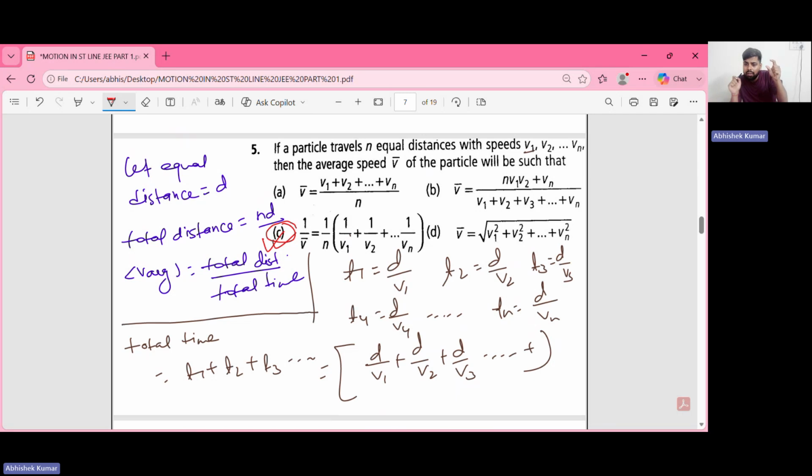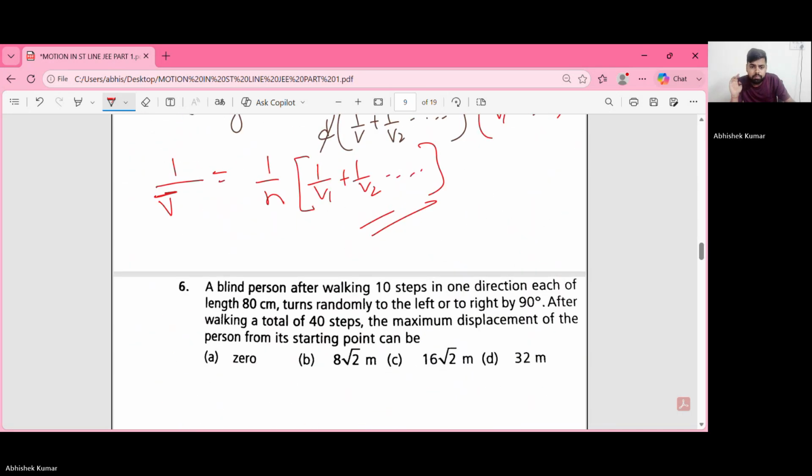The first part d by V1, second part d by V2, third part d by V3, like this n times. The total time is d by V1 plus d by V2 plus d by V3 and so on. If I take d common, it becomes 1 by V1 plus 1 by V2 plus 1 by V3 and so on. Got it? So now we just put it in the formula of average speed: total distance by total time. Clear?